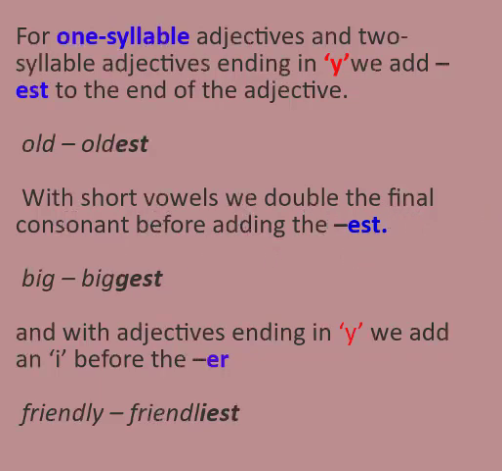For one-syllable adjectives and two-syllable adjectives ending in y, we add est to the end of the adjective, like old, oldest. With short vowels, we double the final consonant before adding est, like big, biggest. And with adjectives ending in y, we add an i before the est, like friendly, friendliest.